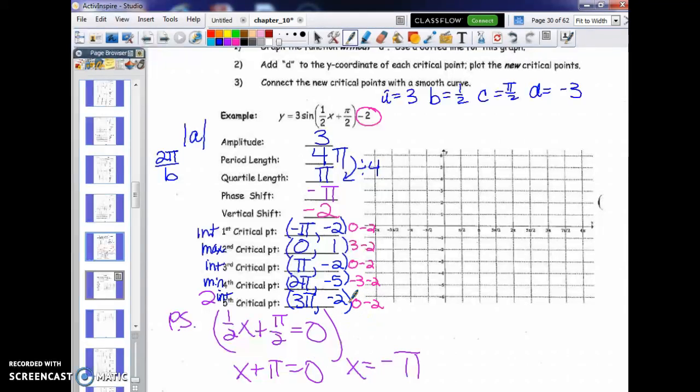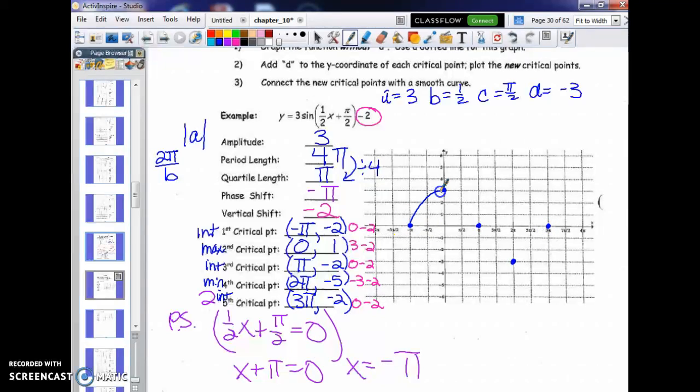So we could graph both functions here, if we wanted to do the initial before the vertical shift, which would have been negative pi, 0, 0, 3, pi, 0, 2 pi, negative 3, and 3 pi would have been at 0.